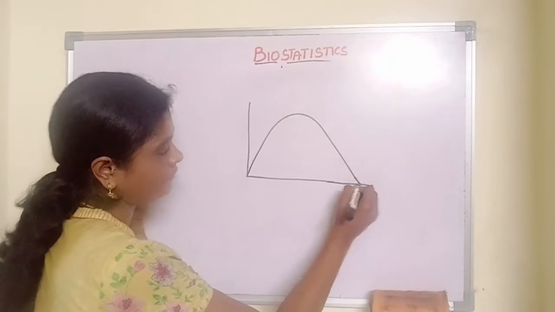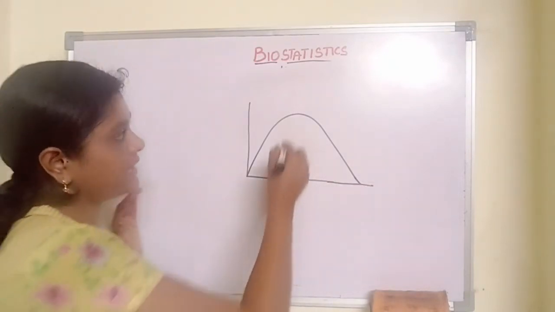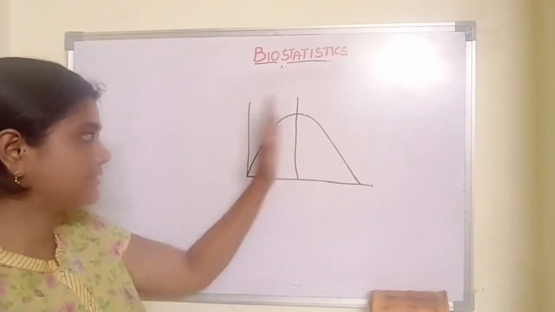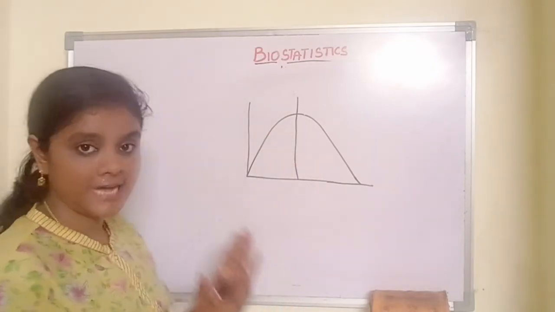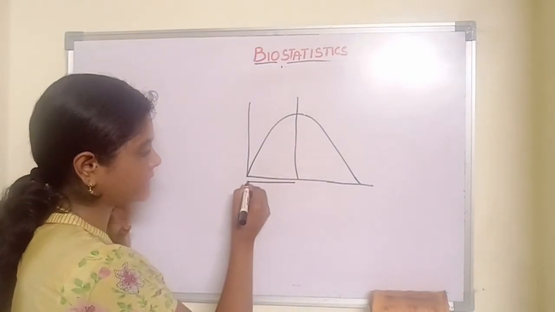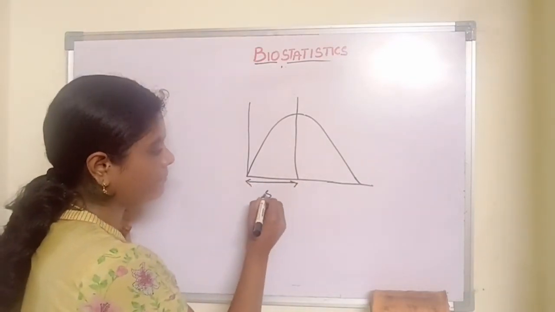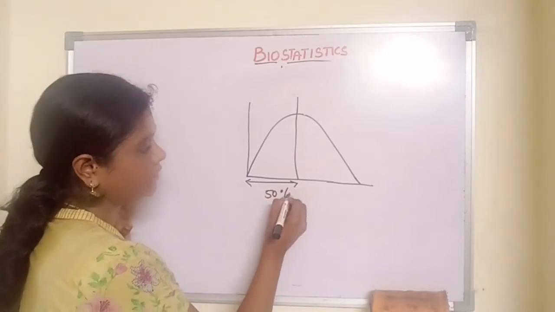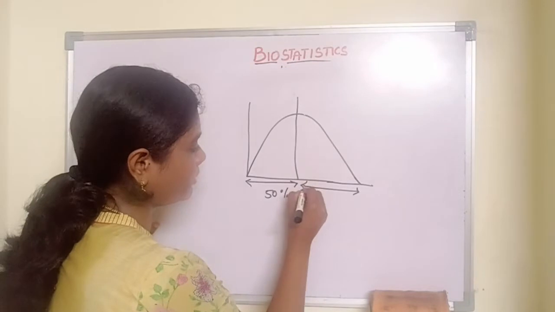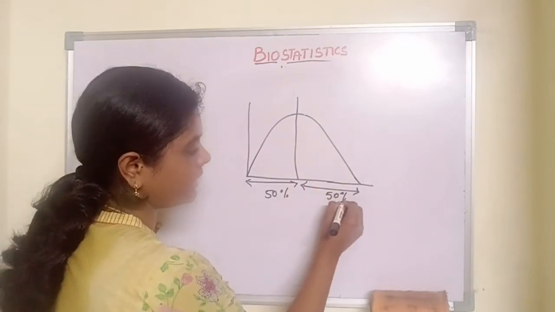On a graph, if you think this is the center, and the complete set of data is falling 50% on the right side of the center and 50% on the left side of the center.